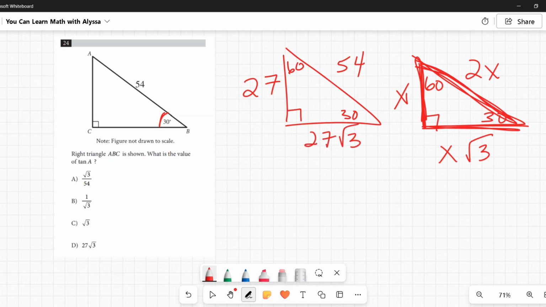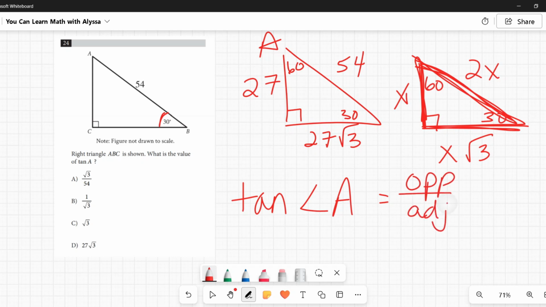And now that I have my x, I can multiply it by the square root of 3, and I have that side. Now I need to know the tangent of A, and this is A up here. Tangent is equal to the length of the opposite side over the length of the adjacent side, in this case for angle A. The opposite side is like, if I'm sitting at a table, there's someone sitting opposite me, I'm looking at them.